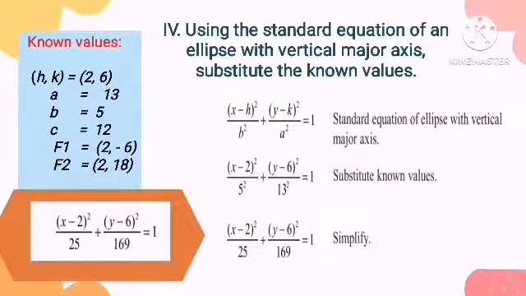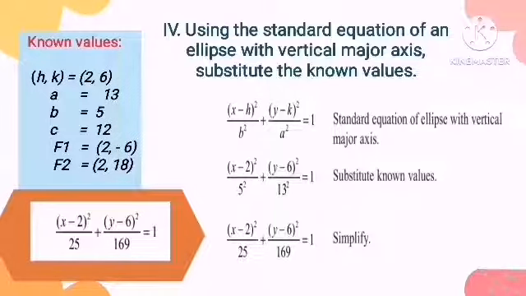Since we already know the unknown values, we will now proceed in solving the standard equation of an ellipse with vertical major axis using the quantity of x minus h squared over b squared plus the quantity of y minus k squared over a squared equals 1. And then let's substitute these values given in the blue table at the left side into this equation.